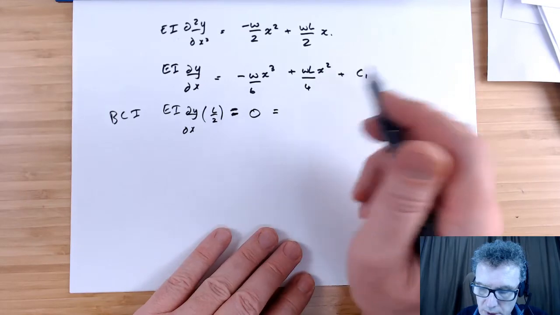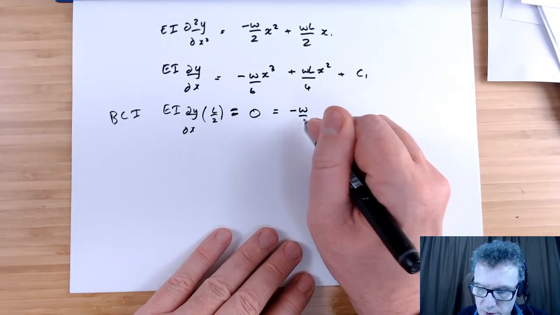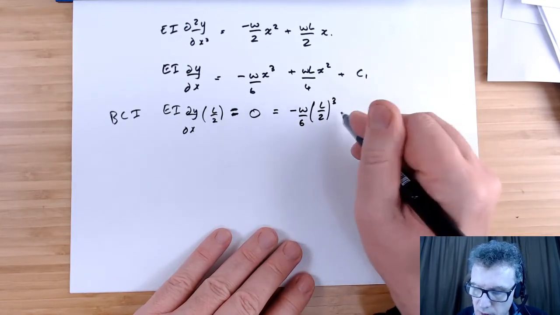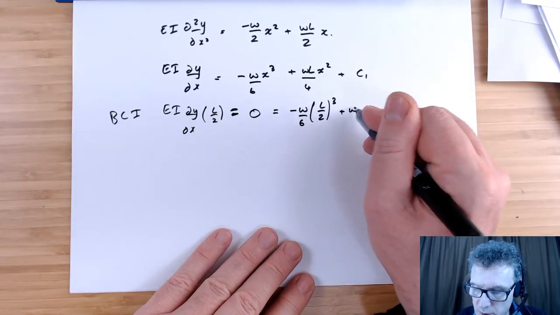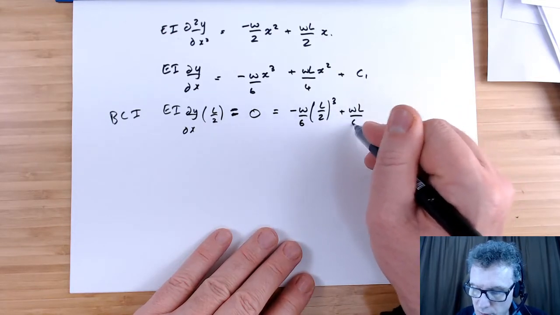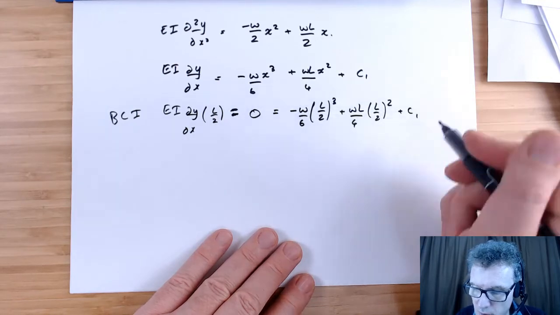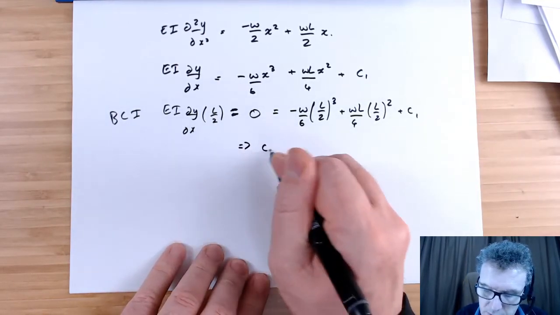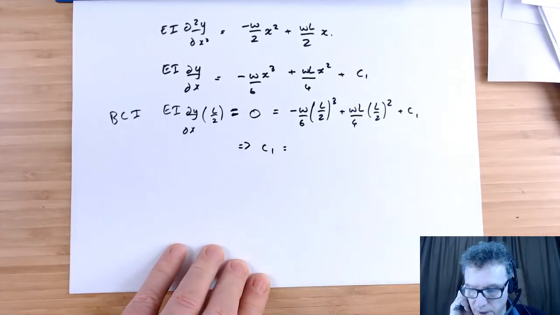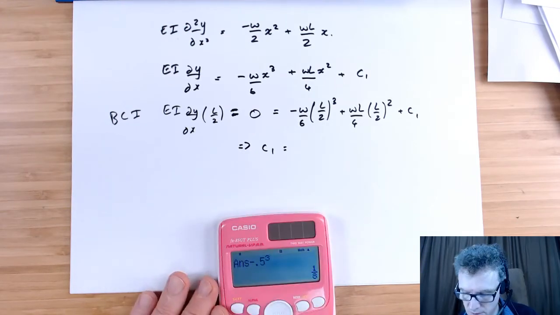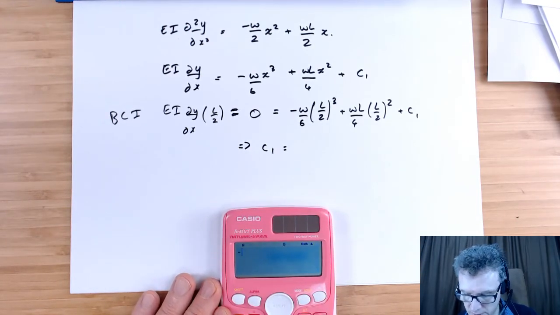So let's substitute that in there. So minus w over 6 L over 2 to the power 3, and then I've got plus WL over 4, and that will be L over 2 squared, plus C1. So therefore C1 equals, well, we're getting the common factor of WL cubed. The first one is minus 1/6 times a half to the power 3.